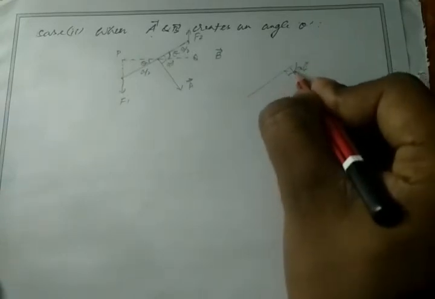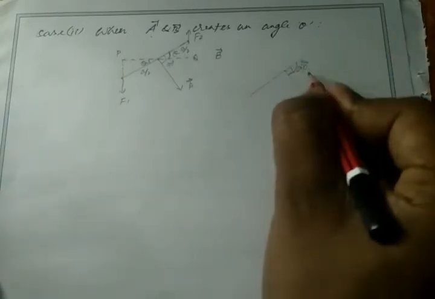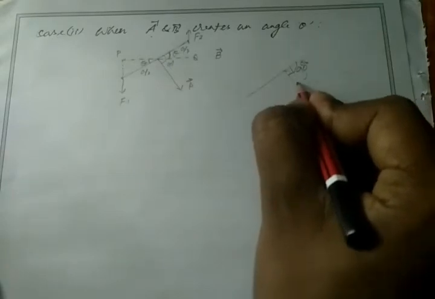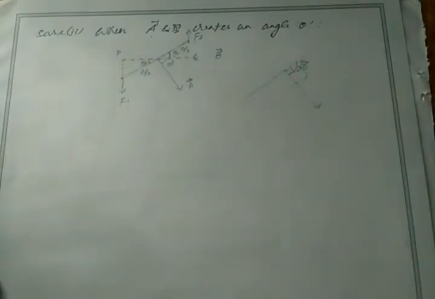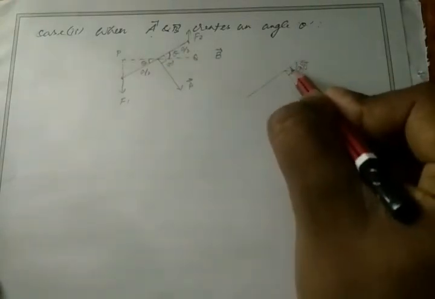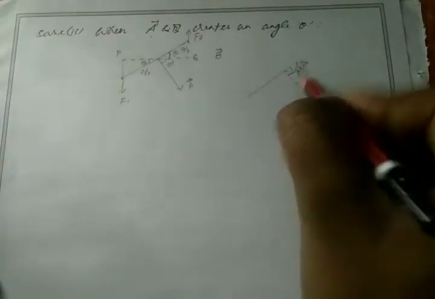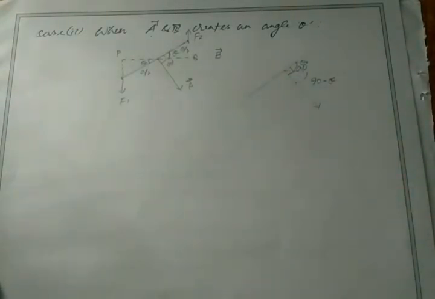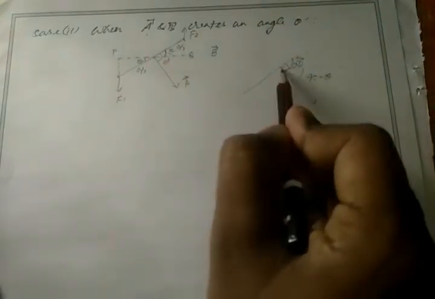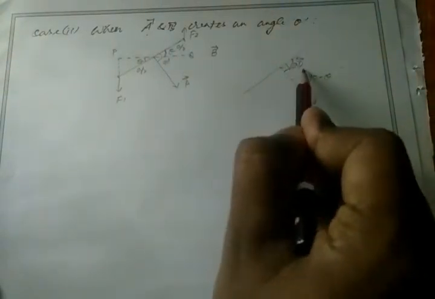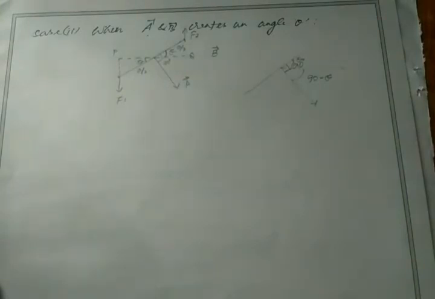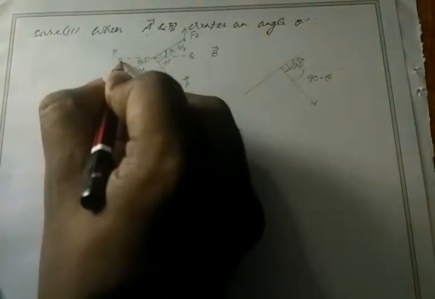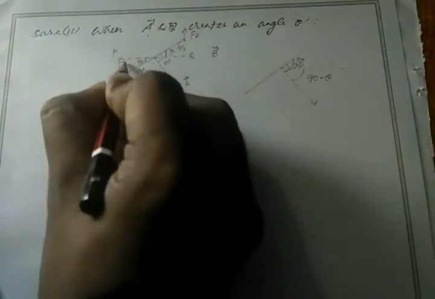If this angle is theta, then what is this angle? The total angle is 90. This is theta and this angle will be 90 minus theta, right? Just imagine, you will get it. Total angle is 90 degree and this angle is theta. Then the remaining angle will be 90 minus theta. Clear?